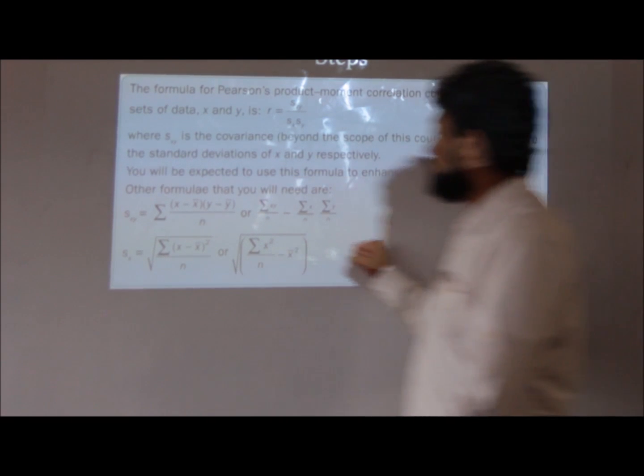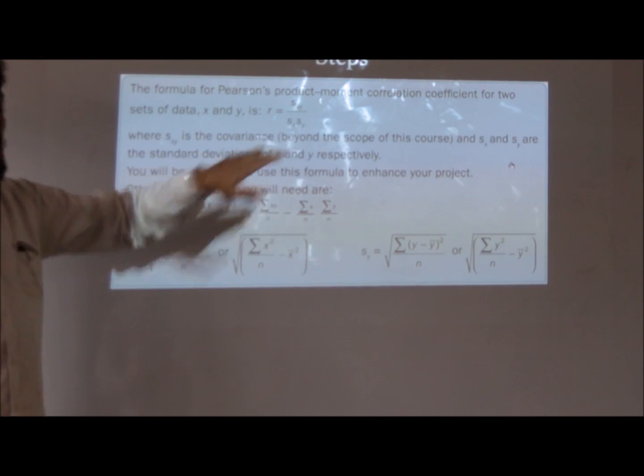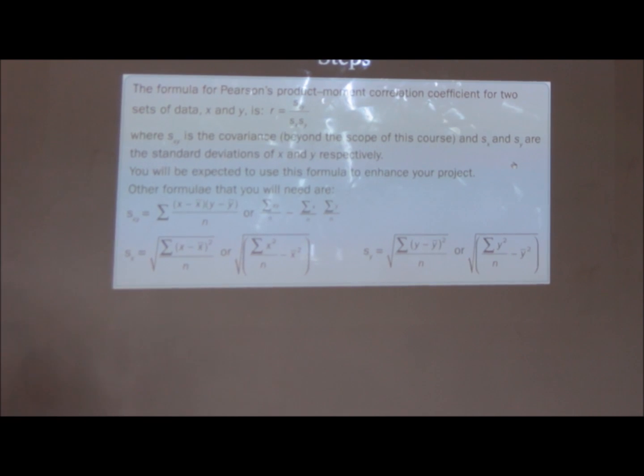Now, this SXY is named covariance. The covariance doesn't belong to the syllabus of this class, but we are going to study it. Why? Because it is necessary to show full math in your internal assessment project.